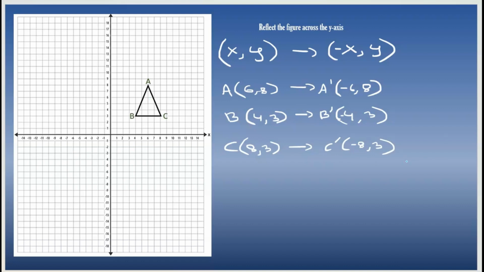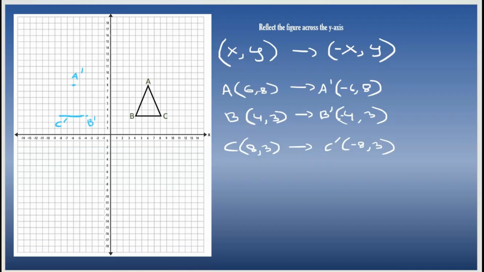Now let's plot those points. A prime is negative 6 comma 8, which would be over here. B prime is negative 4 comma 3, over here. So this is B prime, this is A prime, and then C prime is negative 8 comma 3, so over here. This is C prime.